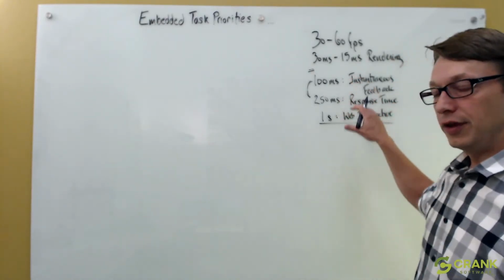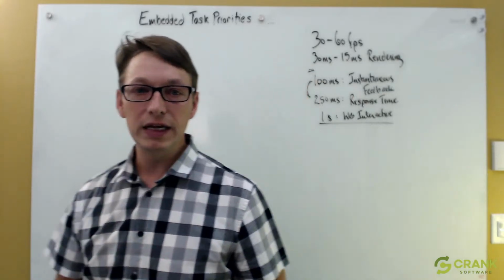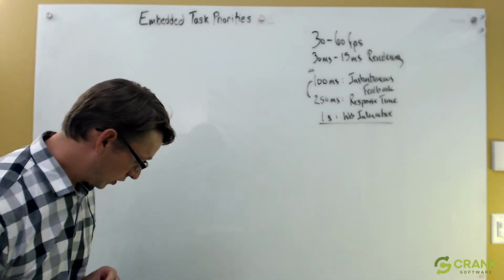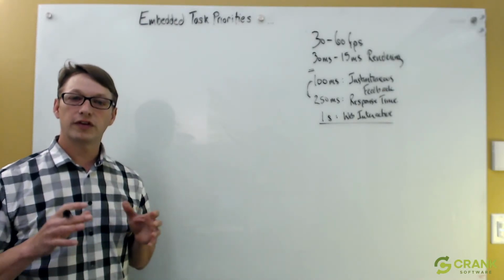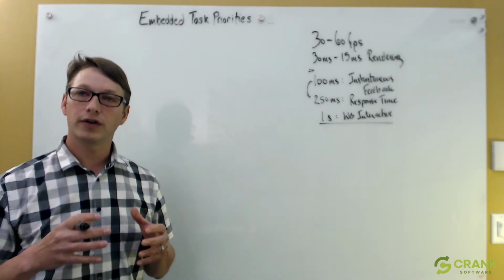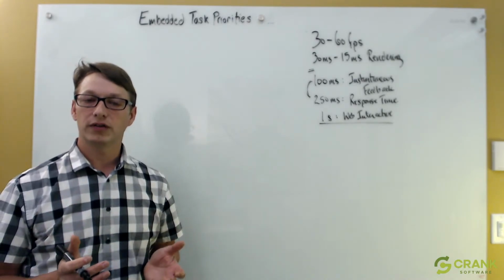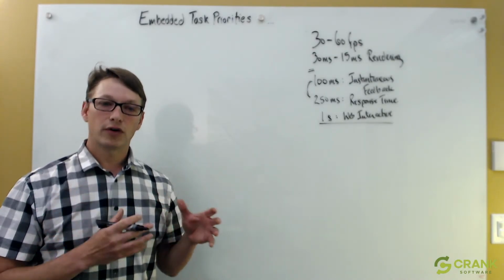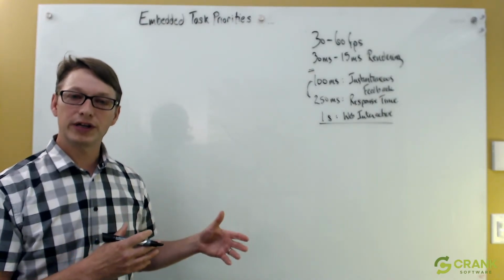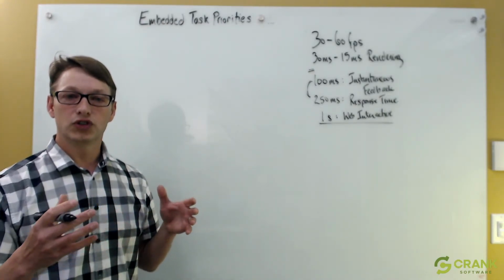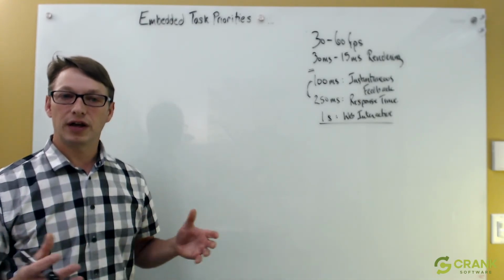So these are numbers. What do they mean when we start talking about embedded UI configurations? I'm going to ignore the system configuration, all the data gathering and all the other activities that go on in the system, because those all have their own time priorities, time restraints that you have to meet as part of your embedded system.